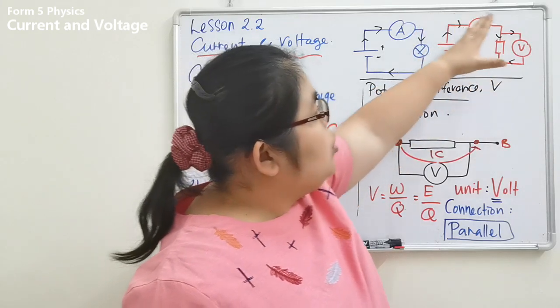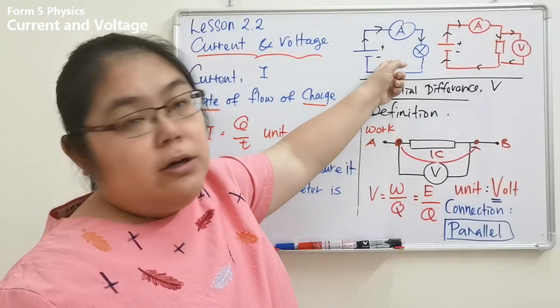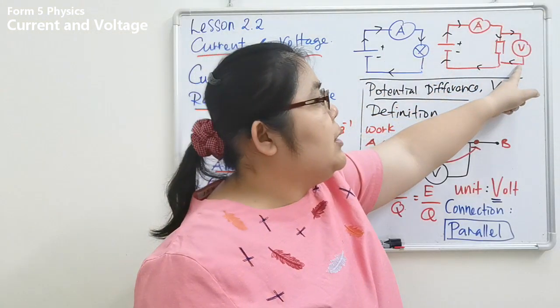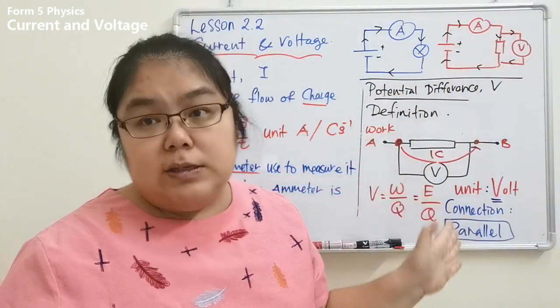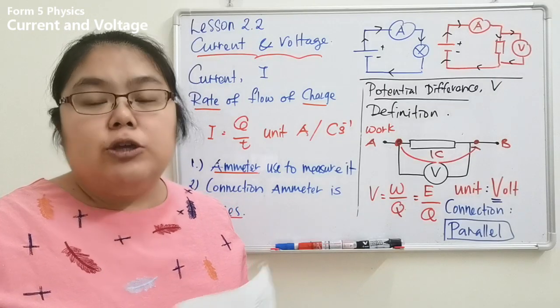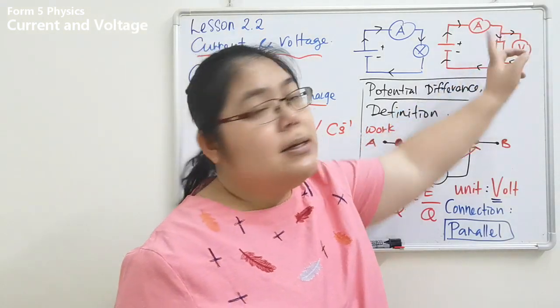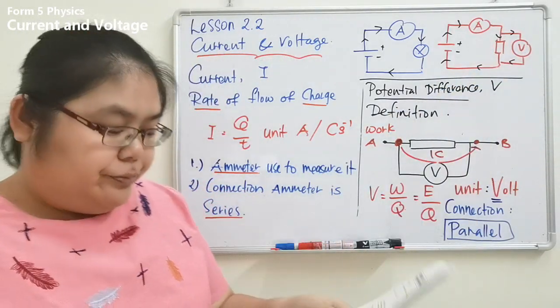Now you want to measure the voltage, so you put the voltmeter parallel with the resistor you want to measure. So this one is the characteristic for the ammeter and also voltmeter. Ammeter in series, voltmeter you need to put in parallel. Parallel means you need to extend 2 wires or more to connect.